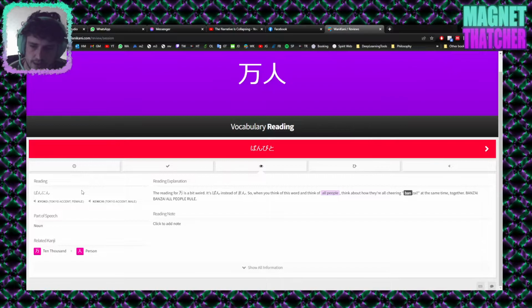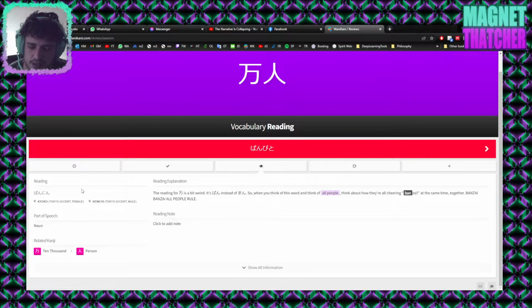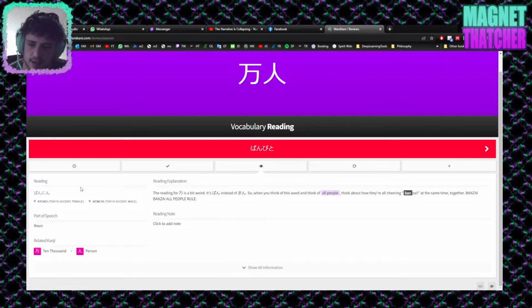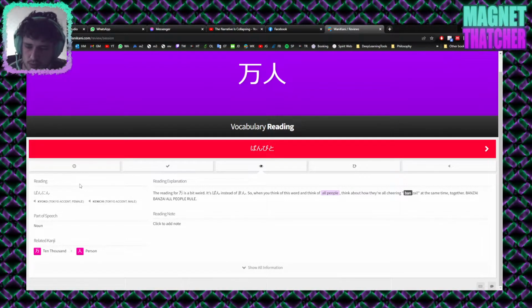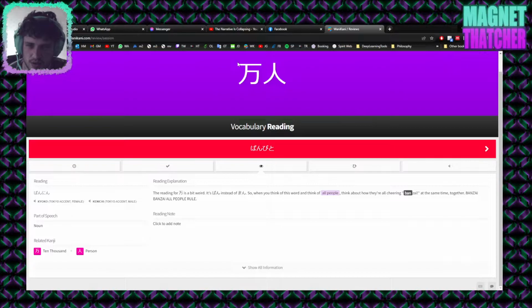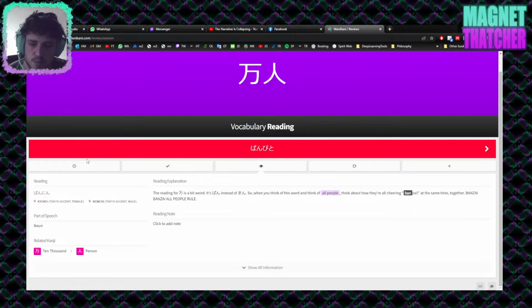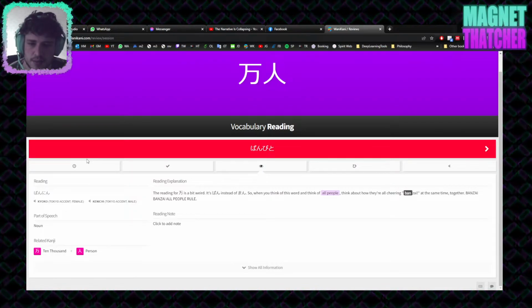So person has 3 different readings. It could be hito, which I believe is the onyomi reading, but then the kunyomi can take. Oh no, this must be the kunyomi. This is the onyomi because it's with another kanji, but it can be either nin or jin. When it's by itself, it takes the Japanese root, which is hito.